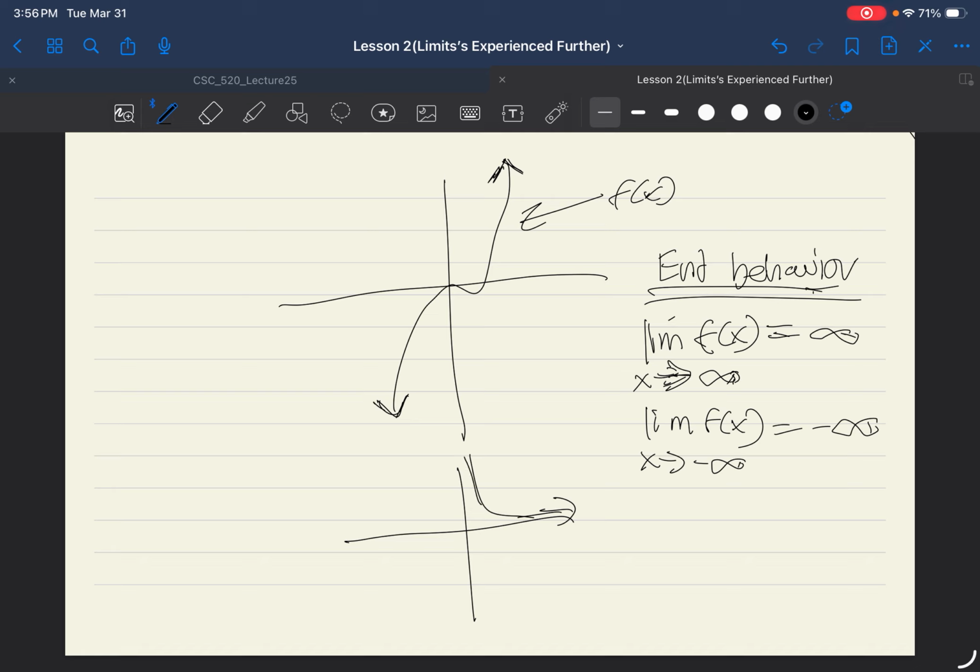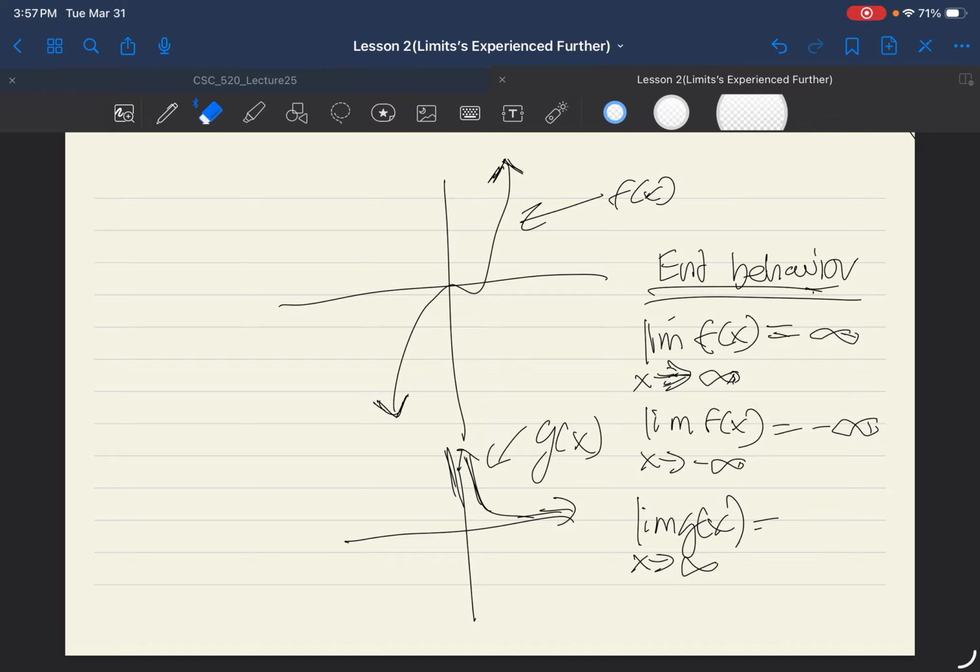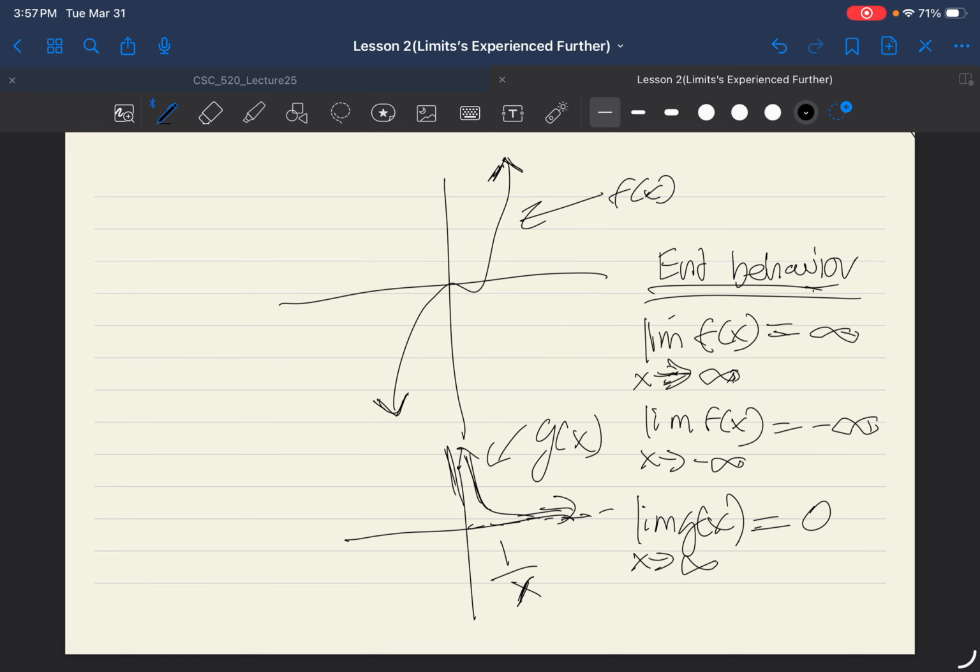For example, as you can see here, we'll call this g of x. The limit as x approaches infinity of g of x is going to be equal to infinity. Not infinity, my apologies. This is an example of when it doesn't approach infinity. It's going to approach 0, because this is just going to go to 0 forever. Well, g of x is actually going to be 1 over x.